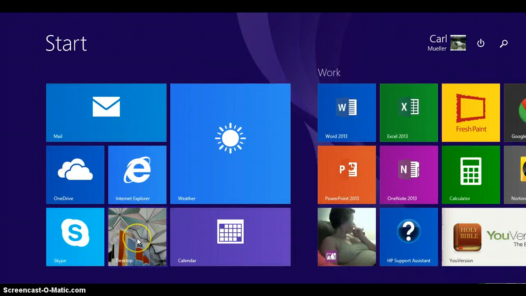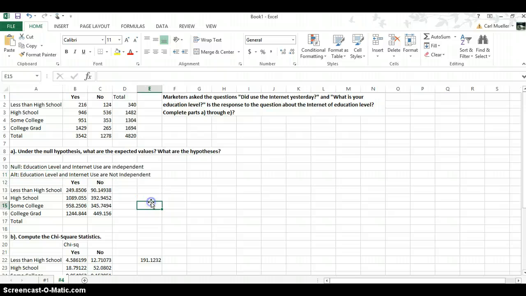So what that means is that there is a relationship between internet use and education level. If one has a higher education level, one is more likely to use the internet.